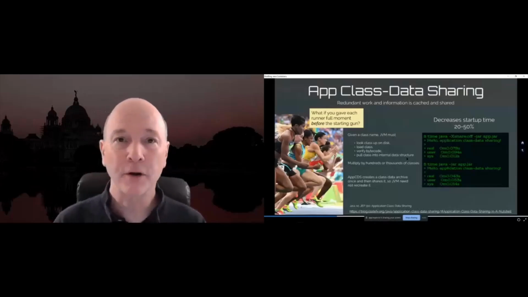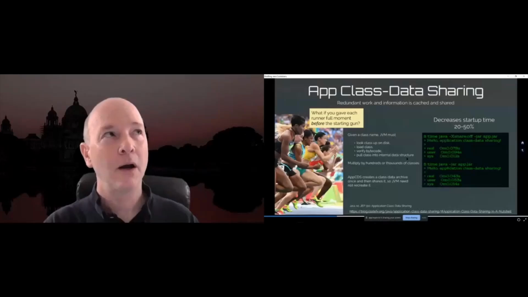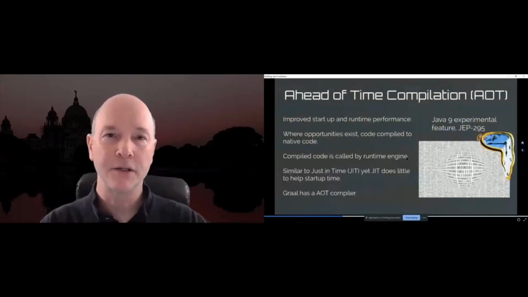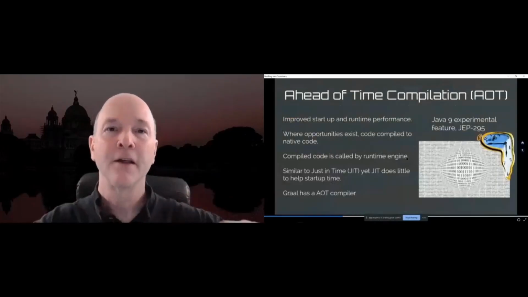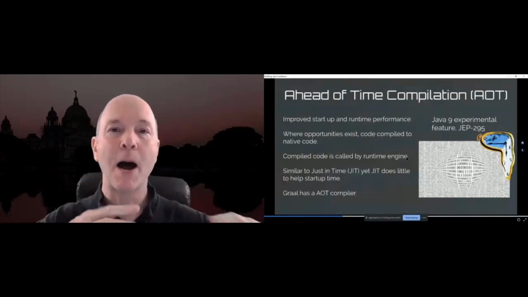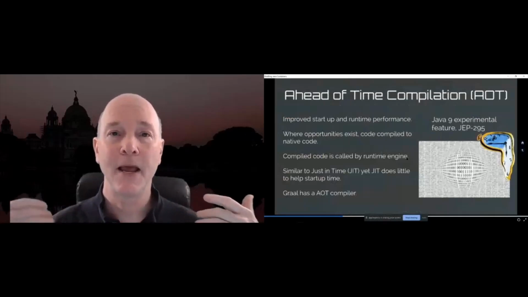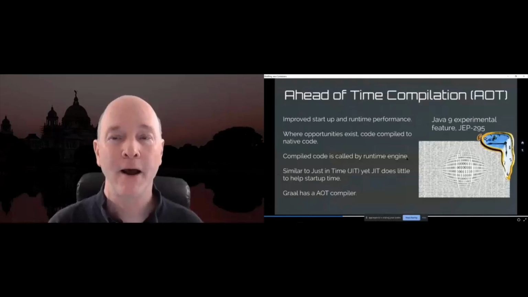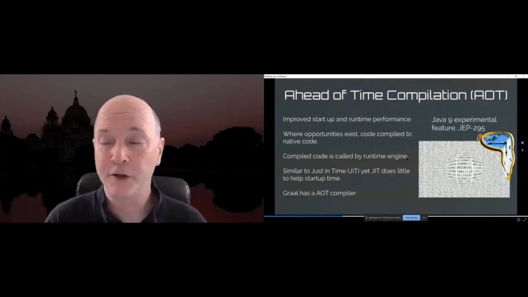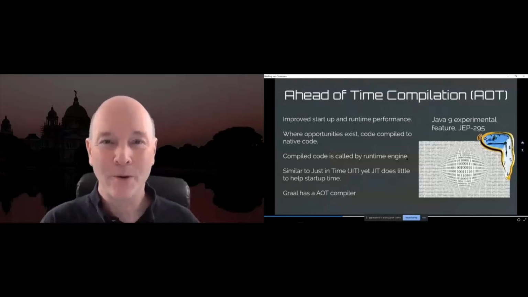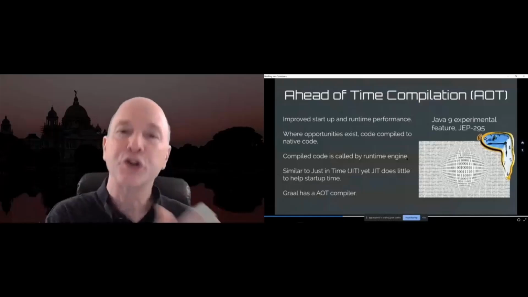There's another one called ahead of time compilation. Just-in-time compilation is when, as the application is running, the JRE figures out optimal ways to optimize things, and it compiles things to binary as it runs, which makes it more efficient. But it can't do that for all the code during the startup of your application.